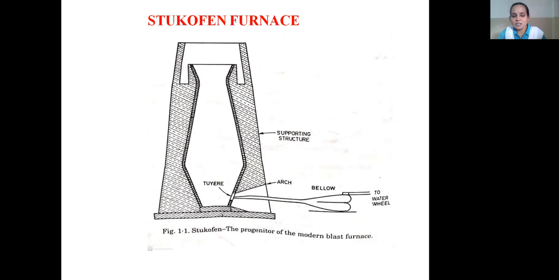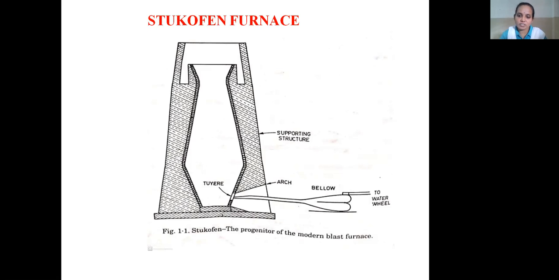The height was increased to improve the production rate. But later, over centuries, the process technology improved.